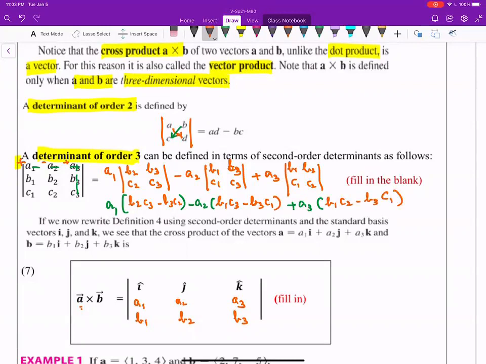If you notice this expansion, this is the value of the determinant, which is a 3 by 3 determinant, 3 rows and 3 columns. That's the way you expand the 3 by 3 determinant.